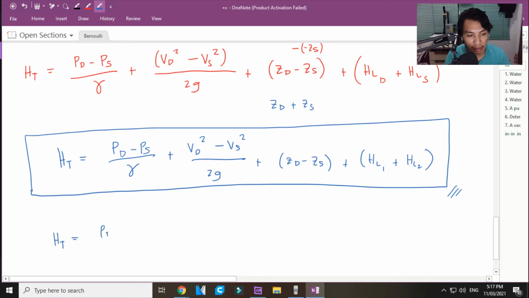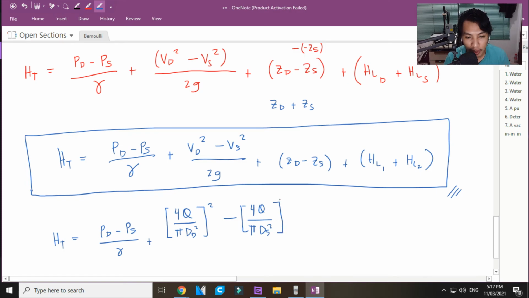PD minus PS over gamma plus 4Q over pi D squared, square natin, minus 4Q over pi DS squared, square over 2G plus ZD minus ZS plus head loss 1 plus head loss 2.